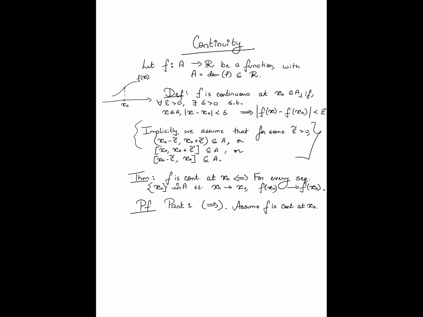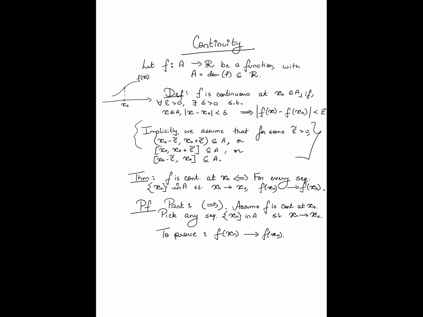Okay, now I need to pick any sequence xn in A such that xn tends to x naught, right? And what we have to do is prove that in this case f of xn will also converge to f of x naught. Right, so this is what we need to show.